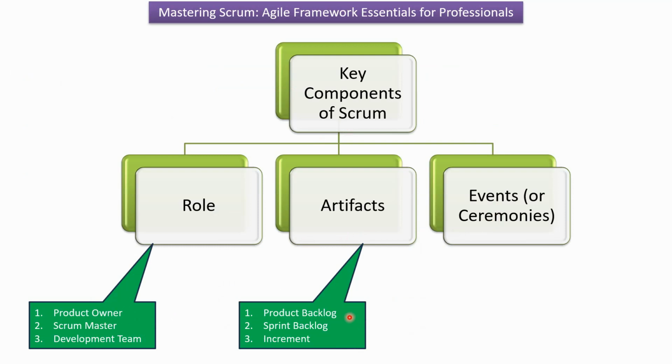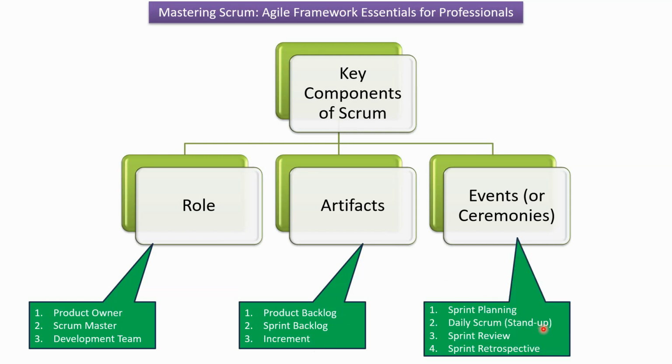There are three kinds of artifacts: product backlog, sprint backlog, and increment. And there are four events: sprint planning, daily scrum or stand-up, sprint review, and sprint retrospective.